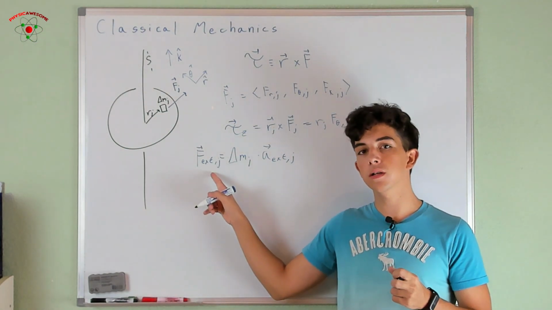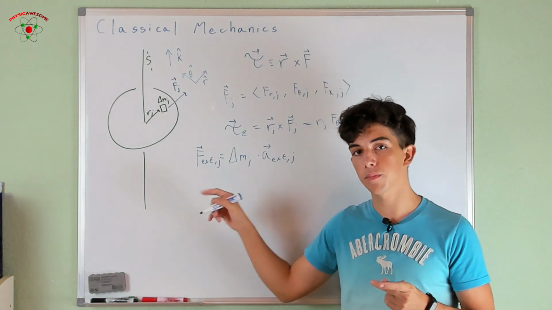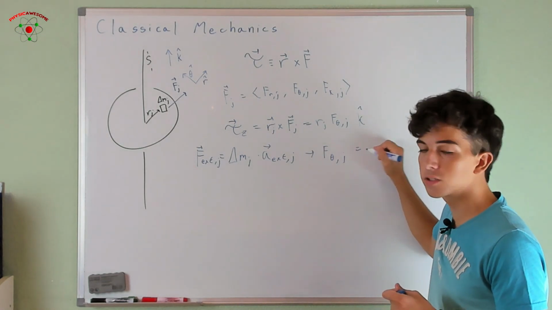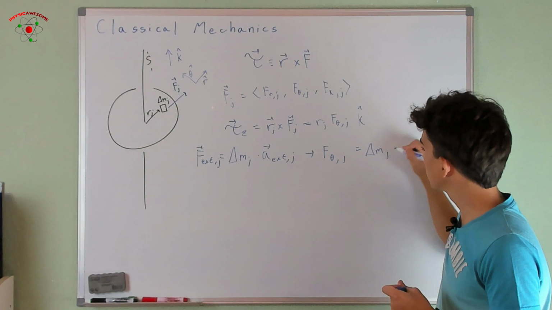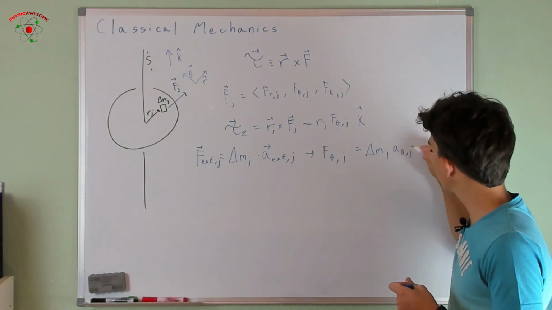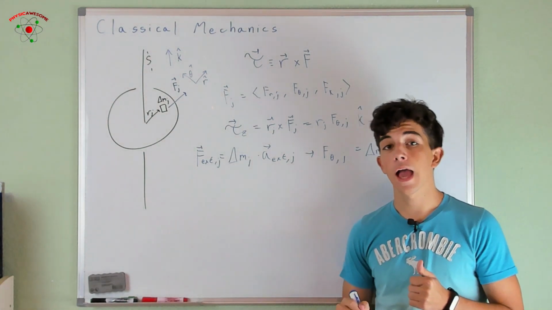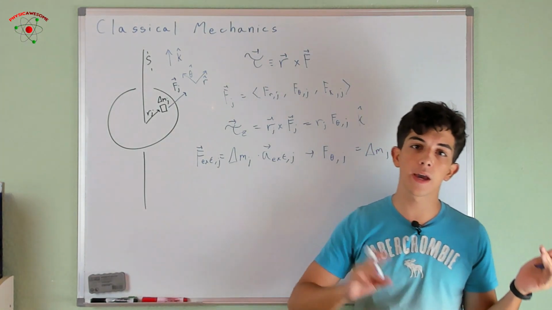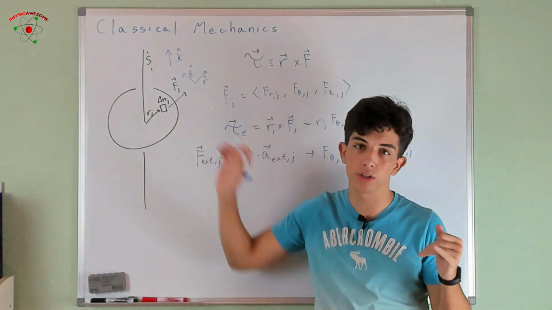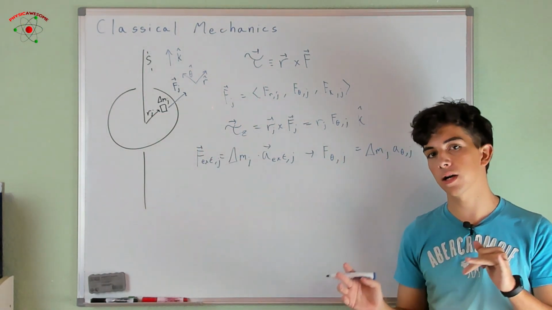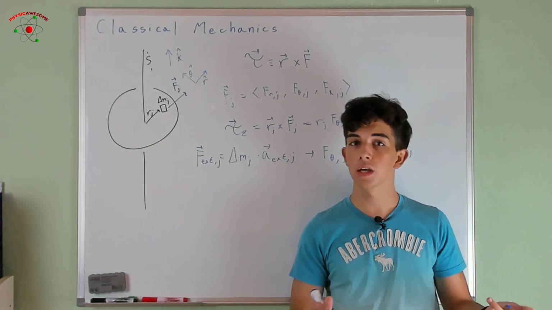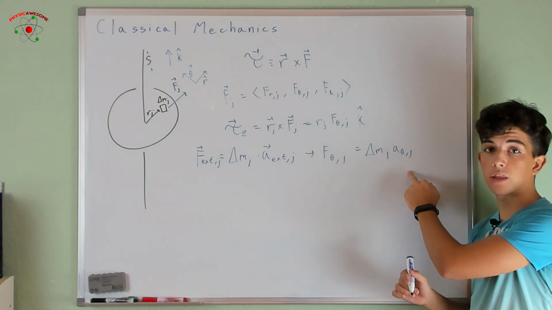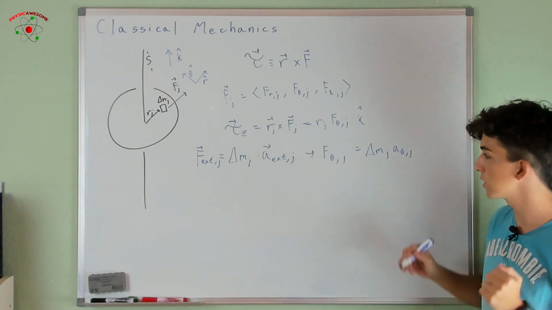As we are only taking care of the theta hat component, the theta component is going to be equal to this mass times the acceleration in the theta hat direction. And you may realize, similar to what happened with theta and the position along the arc, and the velocity in the theta hat direction and the angular velocity, we have a similar relation with the acceleration in the theta hat direction and the angular acceleration.